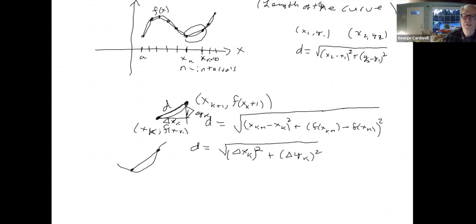So let's remember a theorem from Calculus 1, called the mean value theorem. Anybody remember what that theorem says?